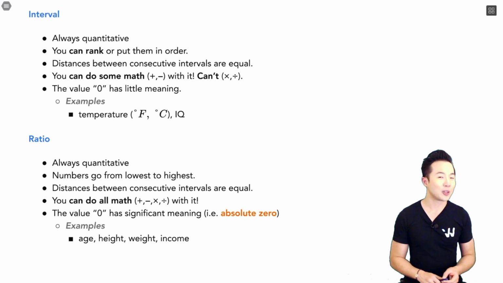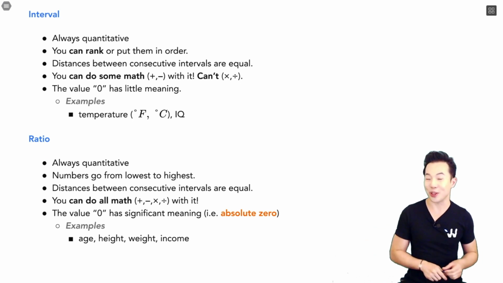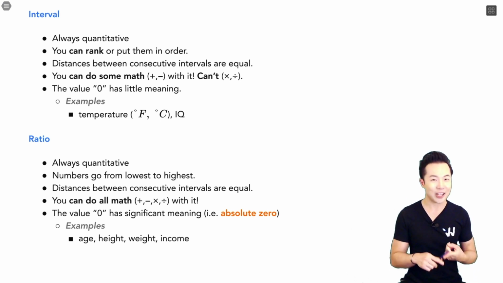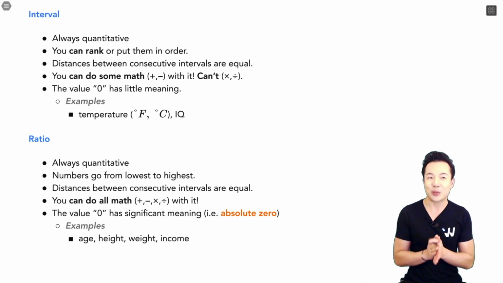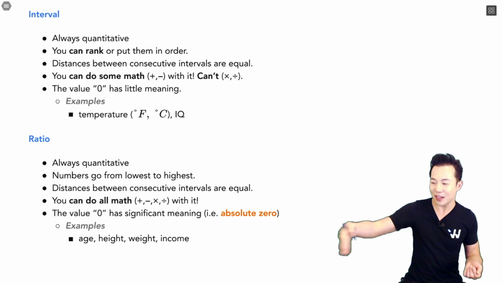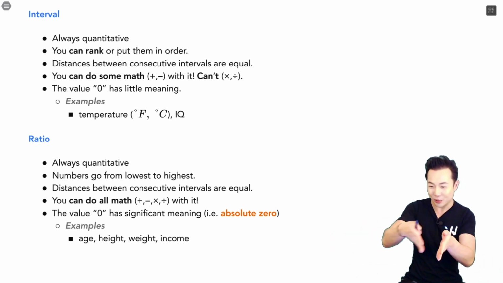Interval is always quantitative. So not just numbers, you can do math with those numbers, but not all kinds of math. You can rank or put them in order. The distances between the consecutive intervals are equal. That is very important. So imagine a ruler, and the units within the ruler are all equal distances.